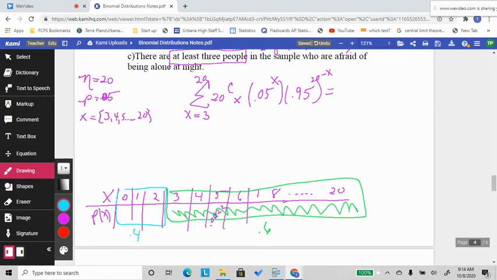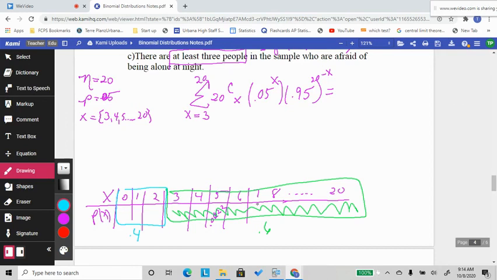All probabilities add up to 1. So sometimes it's easier to do what you don't want and then do 1 minus it. So instead of typing 3 through 20 in, I'm going to just find the probability of 0, 1, and 2. And if that answer, let's say, is 0.4, then the answer that I want is 0.6.